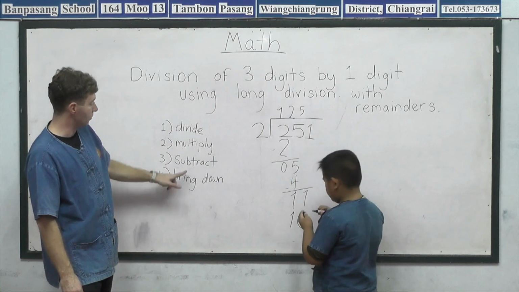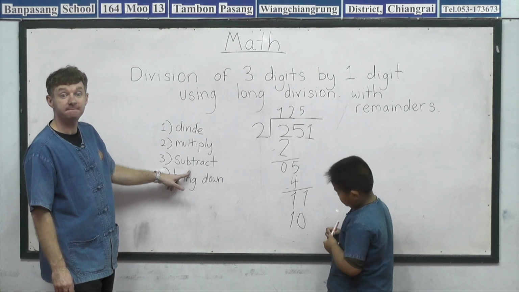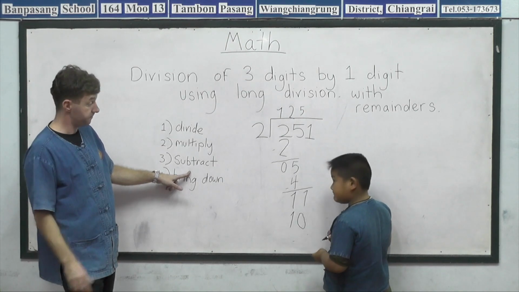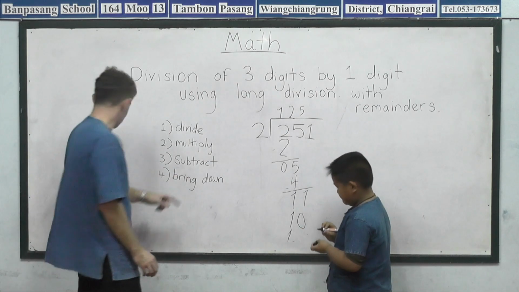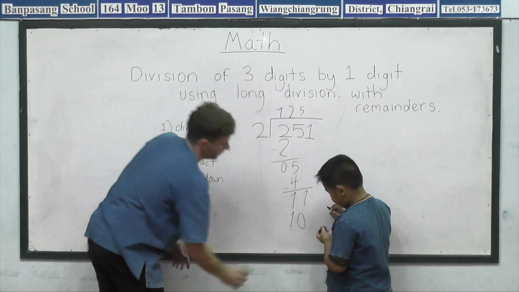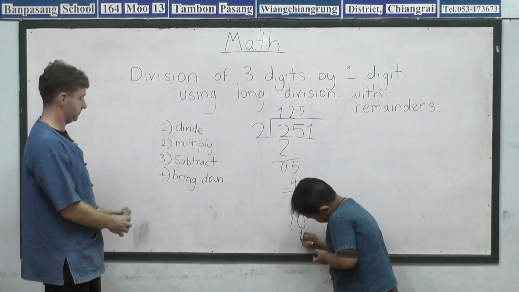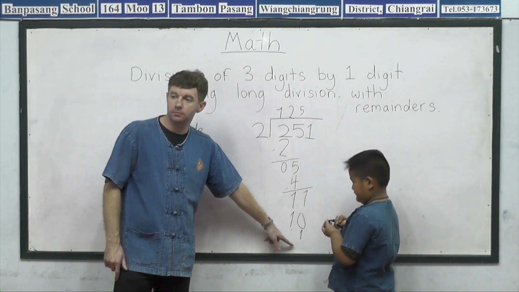And we're ready for stage 3. Subtract 11 minus 10 equals 1. Yes. Well, what we can do, we can write it in this column here. Perfect. So guys, what do we do with this 1?